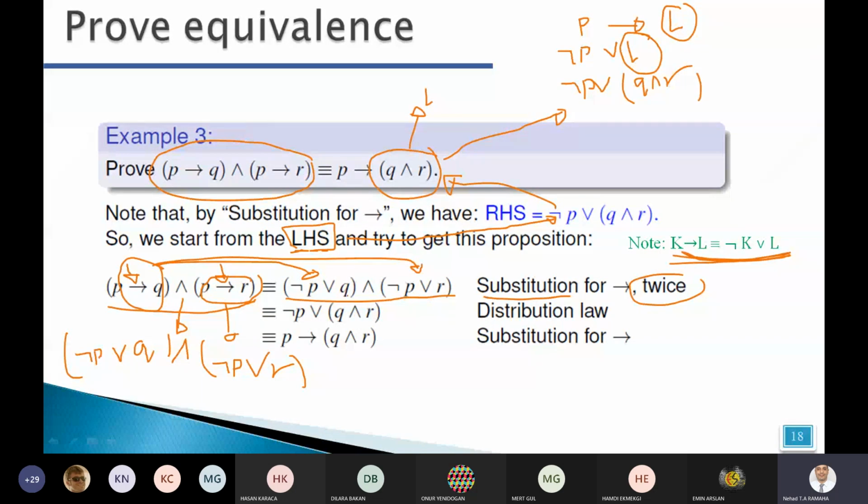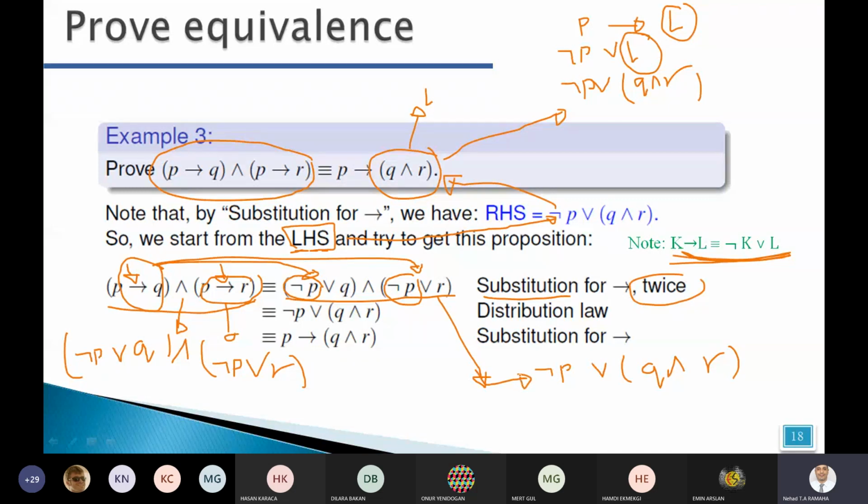Now if you look at these two laws, it has become from this. You look to this side, it has become from this if we distribute not P, or Q and R. This is its origin.